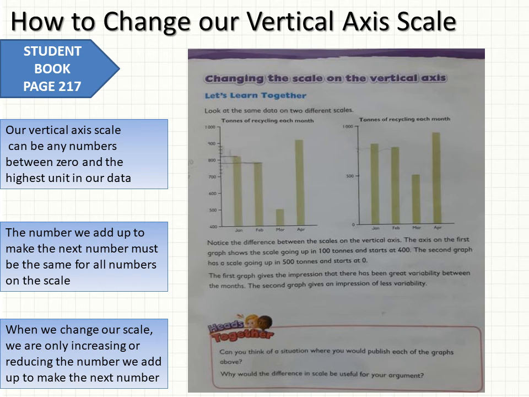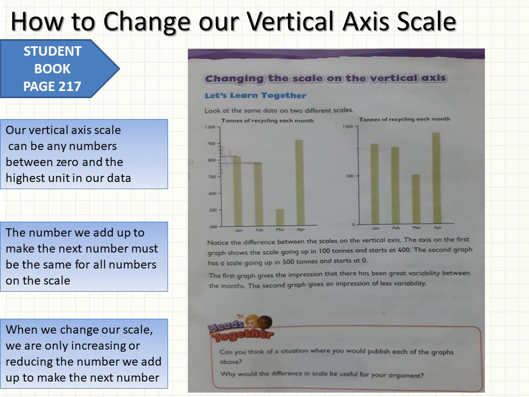You will now choose 100, 200, 300, 400, 500, 600, 700, and 800, then 1000. So what have you done? You have only reduced the number that you are adding to make the next one. Mine is 200 and yours, you made it 100. So that's all it is to change the scale of our vertical axis.